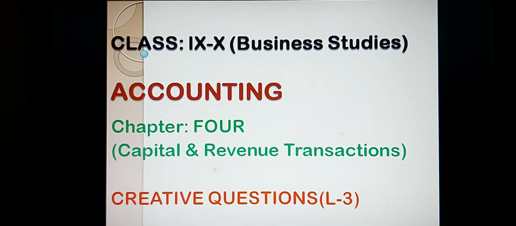Totally 2,07,500. Total amount of capital expenditure 2,07,500. Dear students, do you agree with me? I think you agree with the answer of requirement B, part 1. Okay, requirement B, part 2, revenue expenditure.